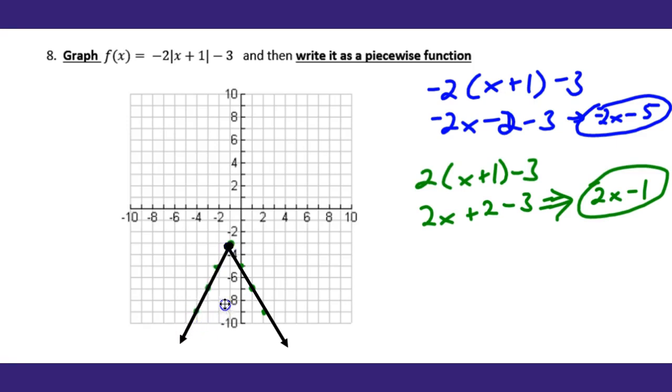Now, let's see what we got. We need the x value for our vertex, which is negative 1. Everything that goes this way to the right is going to be greater than negative 1, and everything that goes that way to the left is going to be less than negative 1. So those are our conditions.